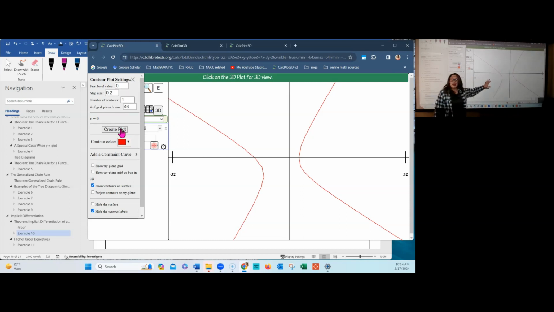This is a hyperbola that has been tilted off axis. So when we look at this, what we're trying to find now is the slope of the tangent line to this level curve as a function of x. So we're looking for dy dx, a formula for the derivative, which is the slope of the tangent line.